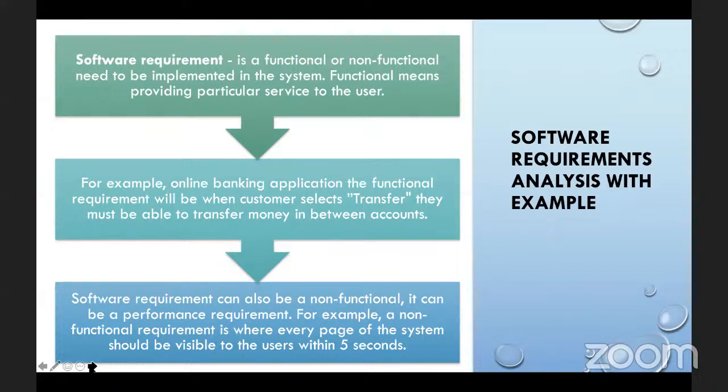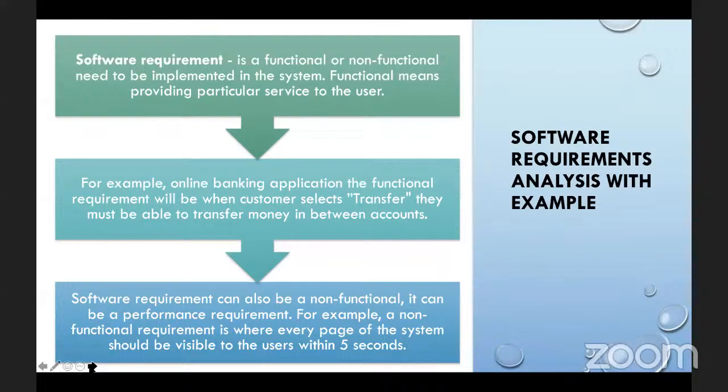A software requirement is a functional and non-functional need to be implemented in the system, right? Keep in mind, a software requirement is a combination of both functional and non-functional need to be implemented in the system. Functional means providing a particular service to the user, right? Very important.